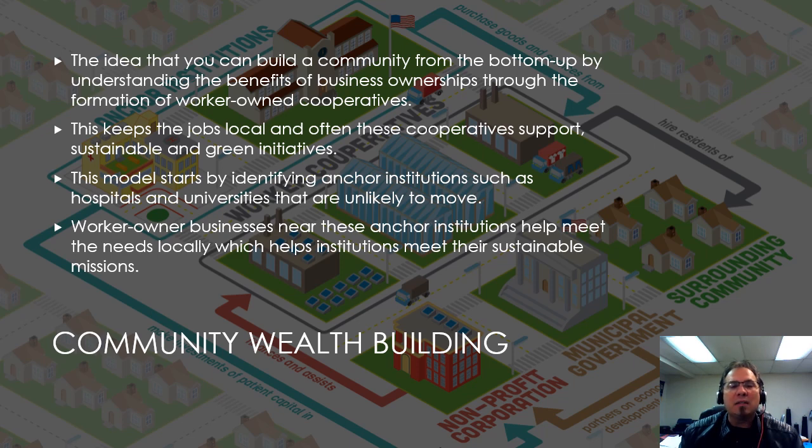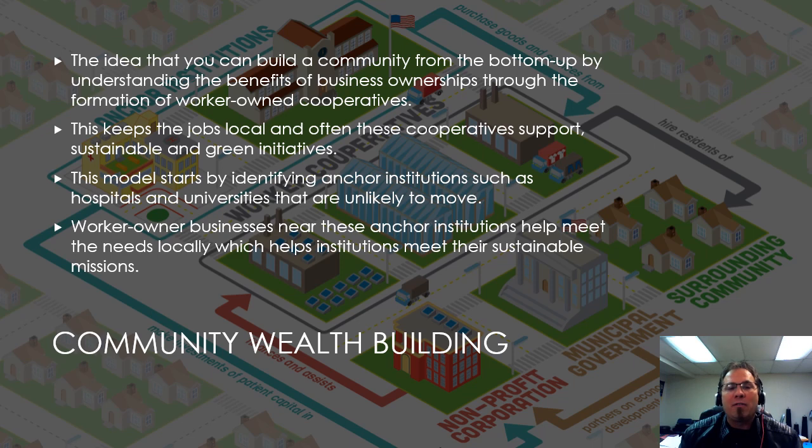What they've done is the model starts by identifying anchor institutions, typically universities or hospitals in these areas, places that are not going to move. A college isn't just going to pick up and move, so you build around that. Sometimes these colleges are in not the greatest areas, so they build around it, and this often keeps the jobs local.